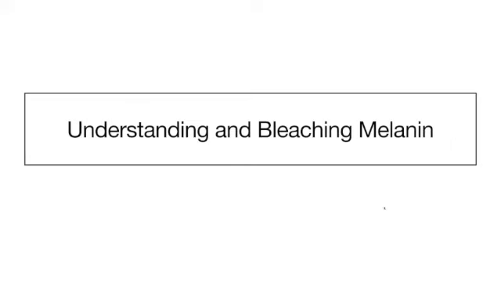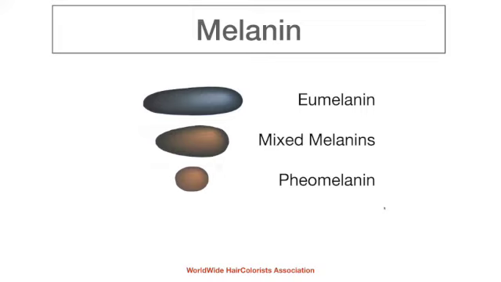Let's talk about understanding and bleaching melanin. First of all, melanin is inside of a granule that's in your hair. The granules, if it's pure eumelanin, look sort of like this, which is the shape of a piece of rice, only obviously much, much smaller.